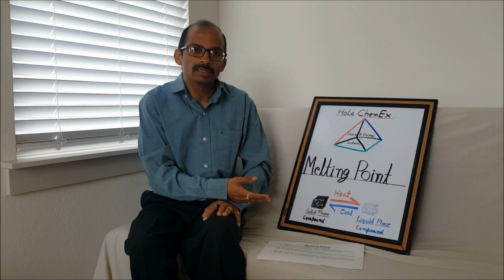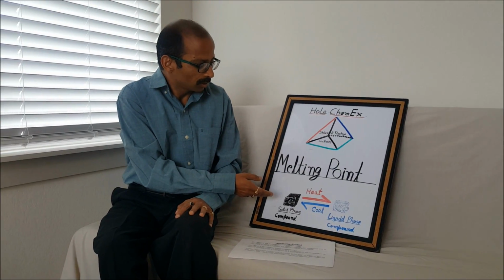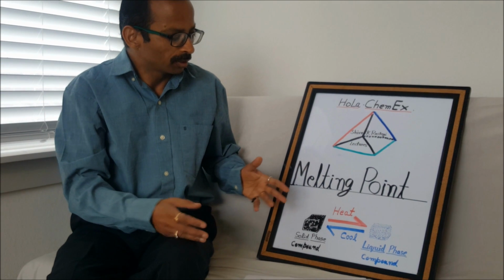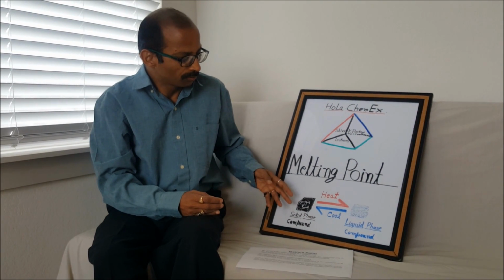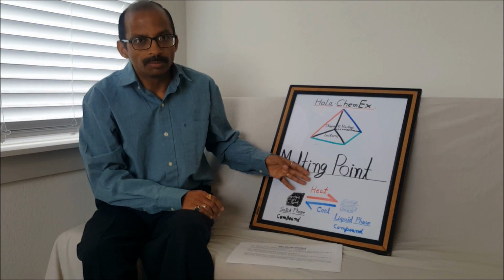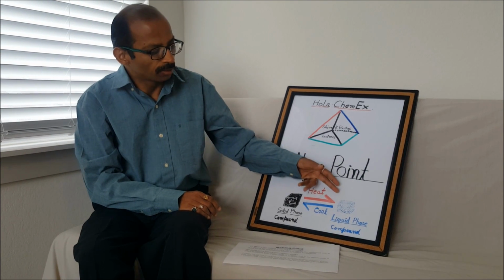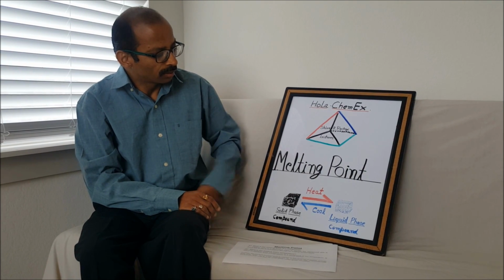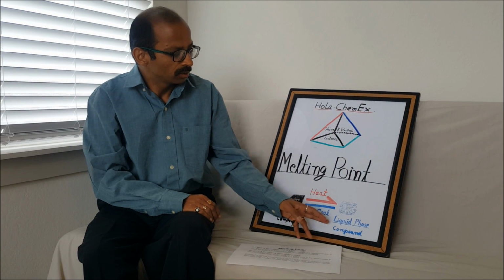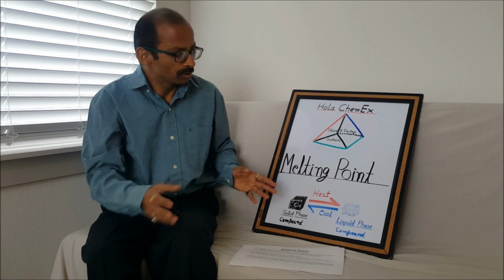Basically, this is a thermodynamic process of an organic compound, where if we have a solid phase compound and we heat it slowly, it gets more kinetic energy and starts melting, going from solid phase to liquid phase. And once we cool this liquid phase, it comes back to the solid phase. So basically this is an equilibrium process.